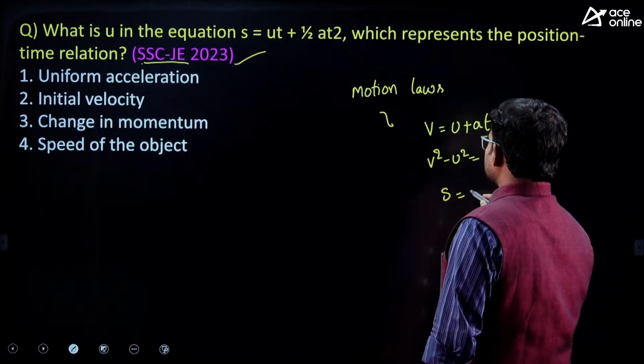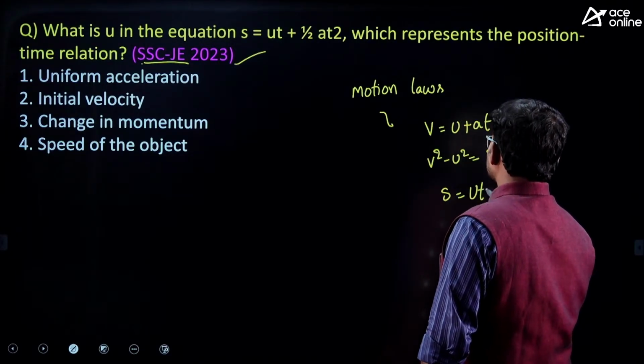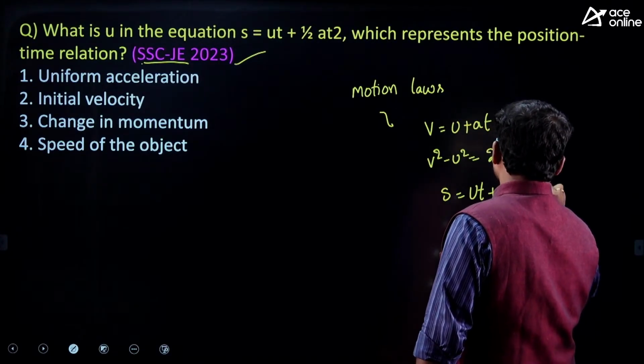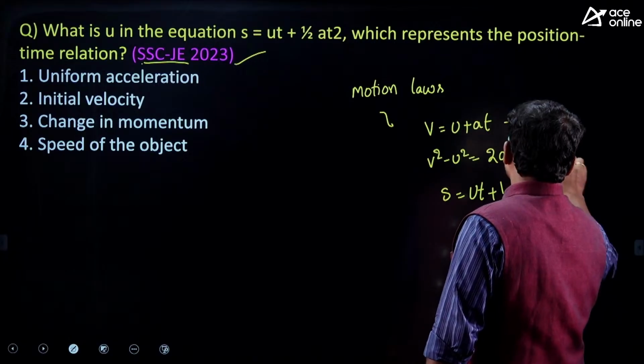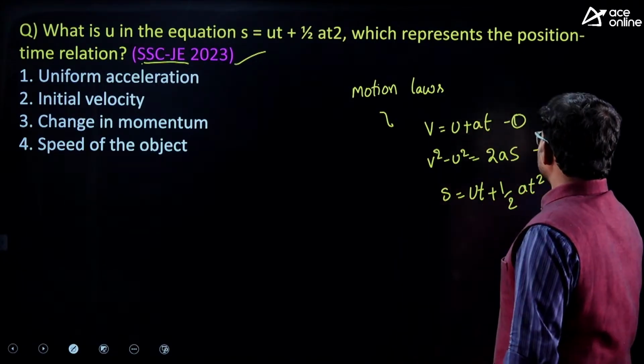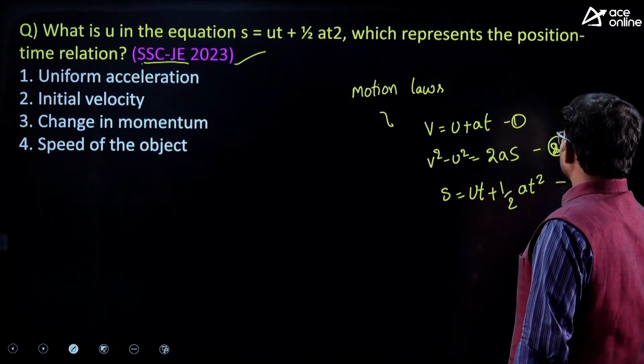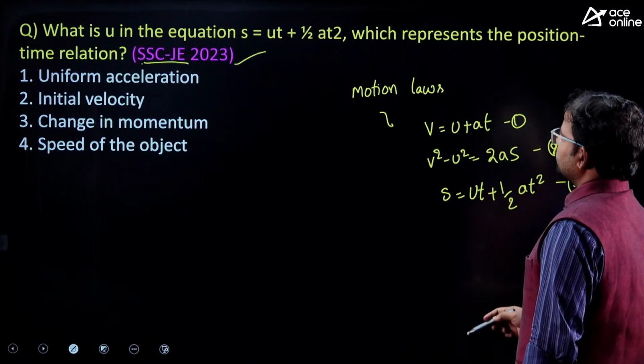Next, S is equal to UT plus half AT square. So these are the three major equations, especially for the laws of motion.